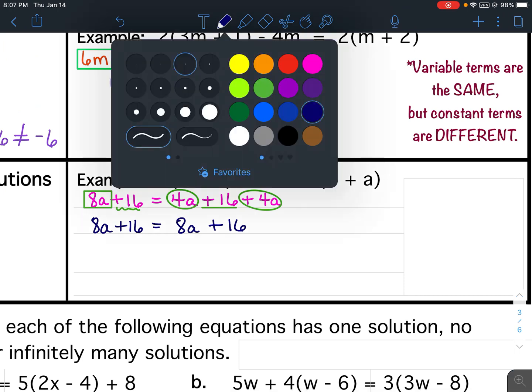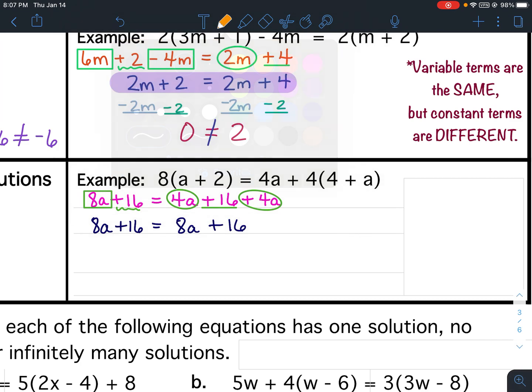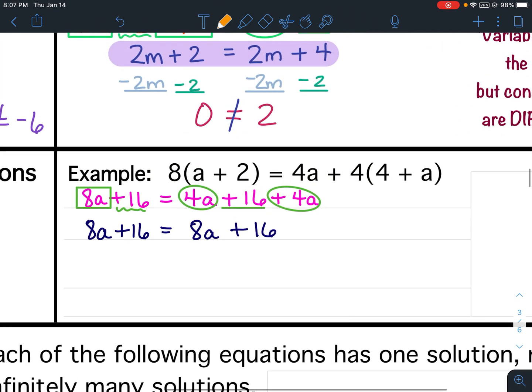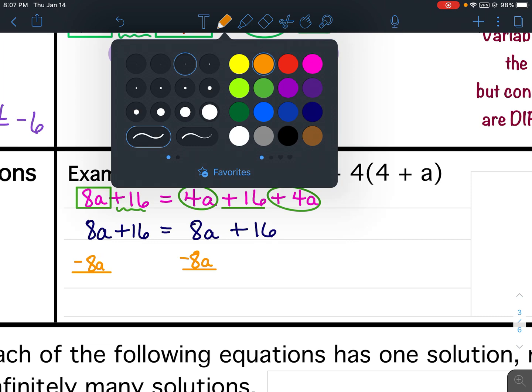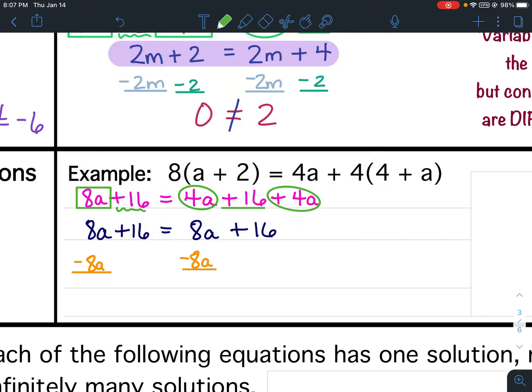So again, it's the exact same thing on both sides. If I would go farther, I would subtract 8a from both sides, and then subtract 16 from both sides.